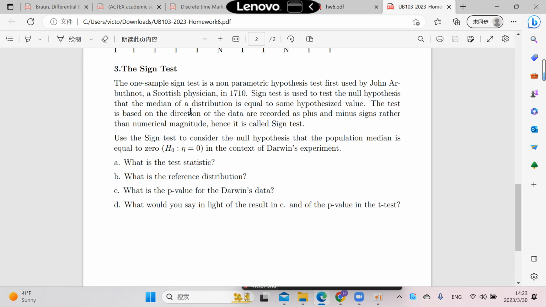The problem of the sign test is apparently we do not care about the magnitude of the difference, right? Maybe there is a half-half distribution. However, when the hybrid rice is higher than the normal rice, it's higher by like half a meter, for example.